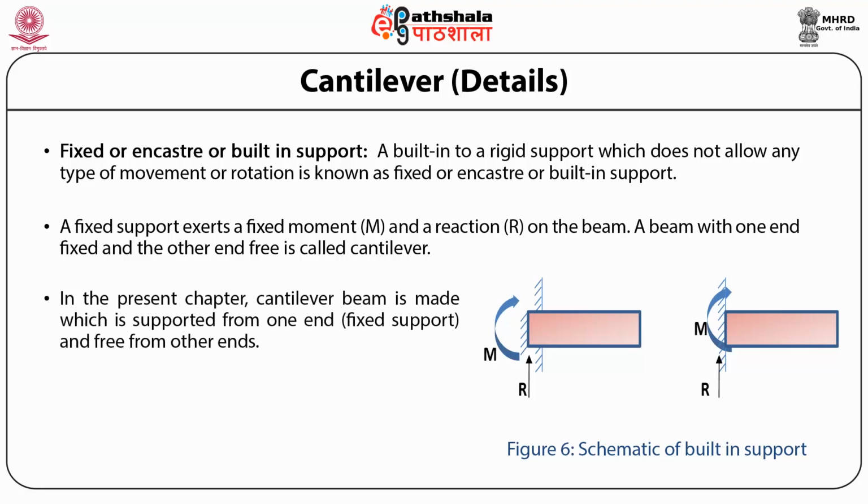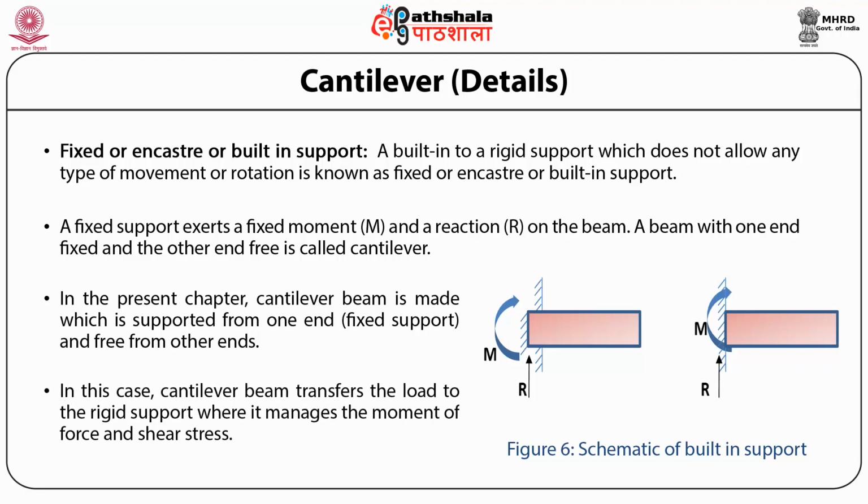In the present case, the cantilever beam is supported from one end, that is the fixed support, and free from the other end. In this case, the cantilever beam transfers the load to the rigid support, where it manages the moment of force and shear stress. In the given figure 6, you can see the schematic of built-in support.